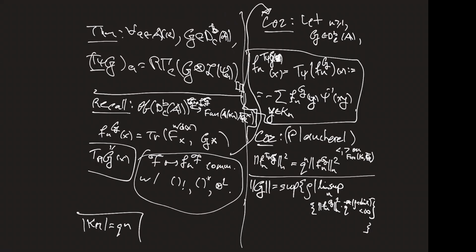Plancherel tells me that in degree n I multiply by something like Q to the n somewhere, so it's not surprising, by how this norm is defined, that taking the Fourier transform exactly increases this norm by 1. Do you guys feel more or less comfortable with this?